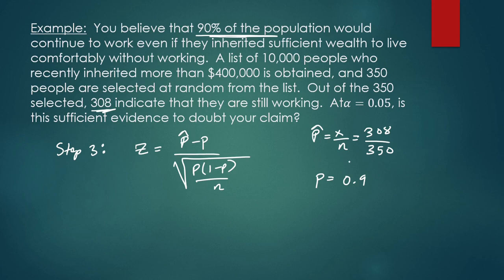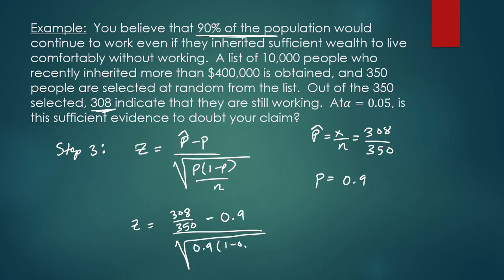So we can plug in all the values now into our test statistic. z is equal to 308 over 350 minus 0.9, divided by the square root of 0.9 times the quantity 1 minus 0.9 over the sample size, which is 350.